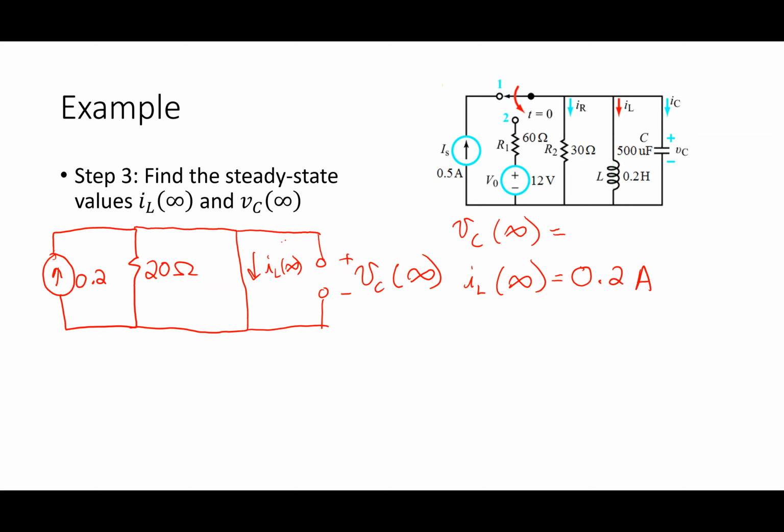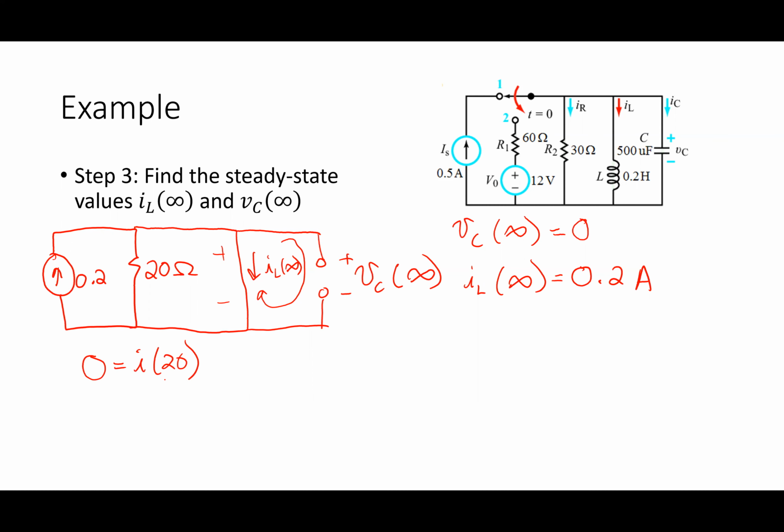In fact, you could just do KVL around this loop right here, and you would see that it basically has to be zero. That means there's absolutely no current flowing through that 20 ohm resistor. That's the other way to see that. If there's 0 volts across a resistor, so 0 equals I times 20 ohms, I has to be 0.